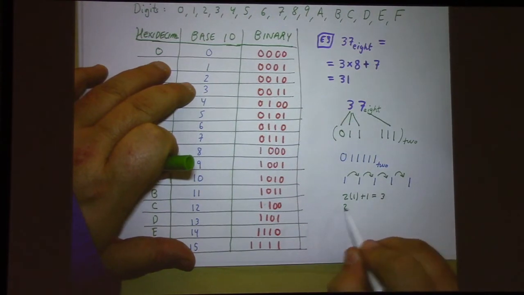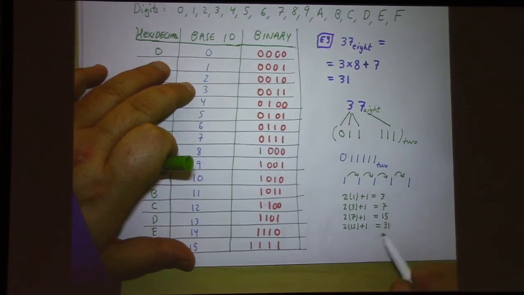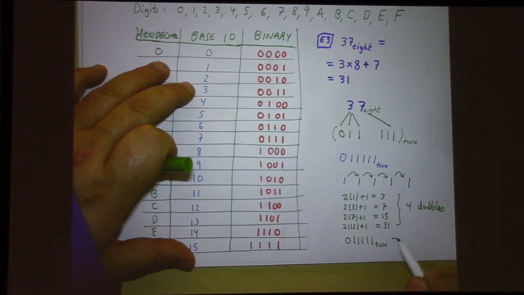Then I do 2 times 3 plus 1, which is 7. 2 times 7 plus 1, which is 15. 2 times 15 plus 1, which is 31. So therefore, by double-double, 4 dabbles, we get that 0, 1, 1, 1, 1, 1 base 2 is equal to 31.